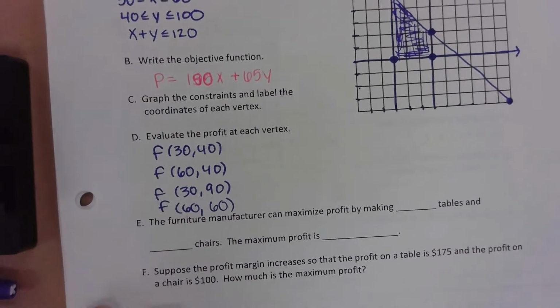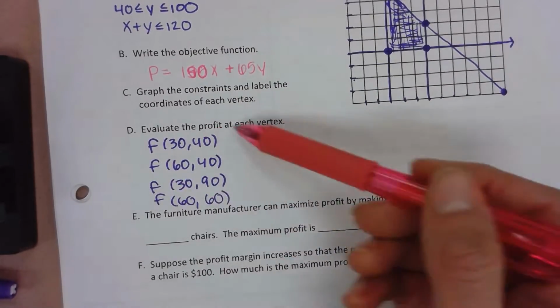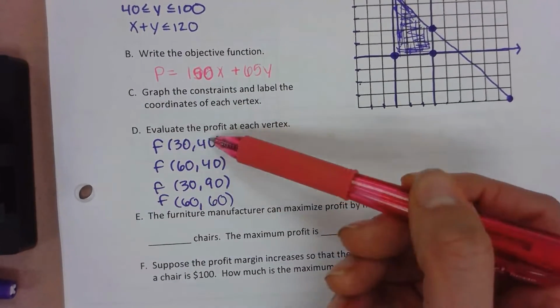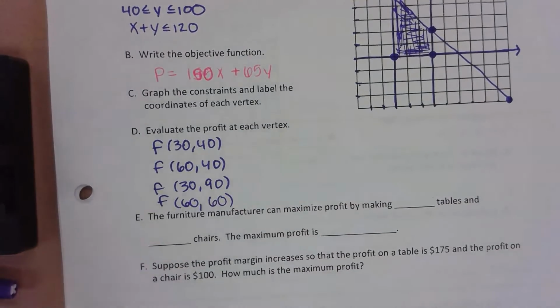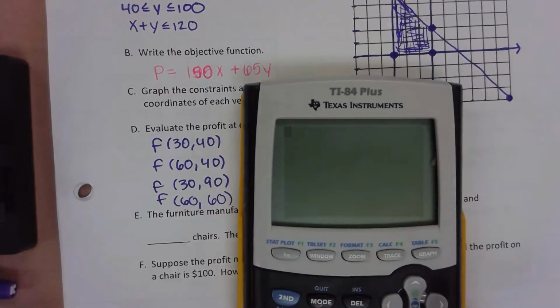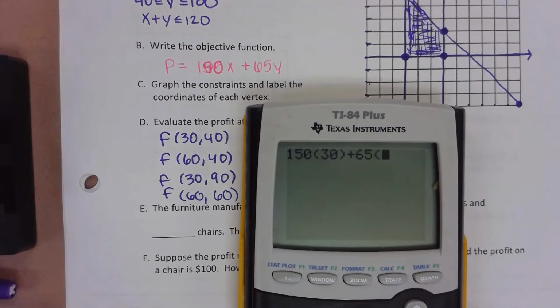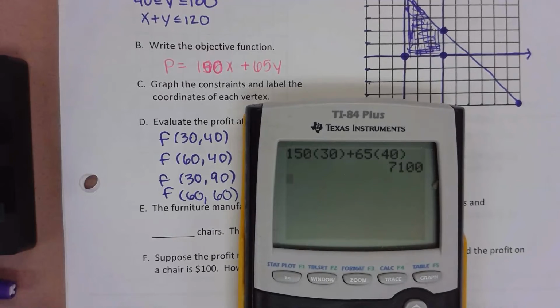Well, my only potential maximum profit points are going to be at the vertices. So what we're going to do is plug in to our profit function each of those vertex points. So it's 150 times our x value plus 65 times my y value.